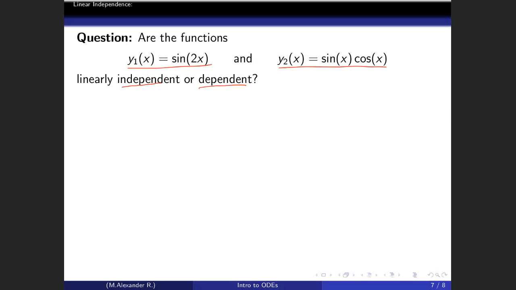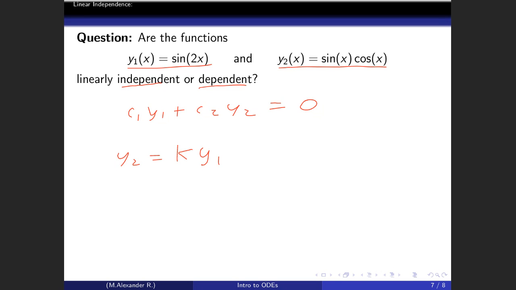Again, the idea is that we want to look at the combination c1y1 plus c2y2, and we want to know, can we choose specific values for c1 and c2 that will make the whole thing equal to 0? That's one way to answer the question. The other way would be, is y2 equal to some number multiplied by y1 in this case? Is that the case?